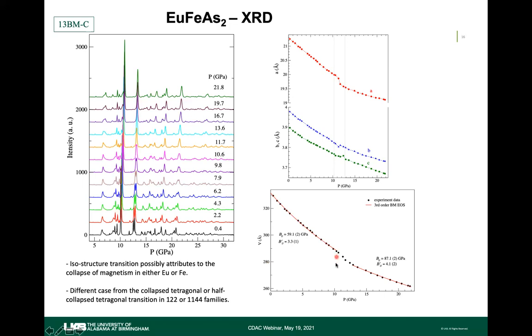This happens above 10 GPa, and that's very close to the suppression of magnetism in both europium and iron. The critical pressures for europium and iron are really close, so we can't really say for sure which the crystal structure is contributing to which magnetic transition.